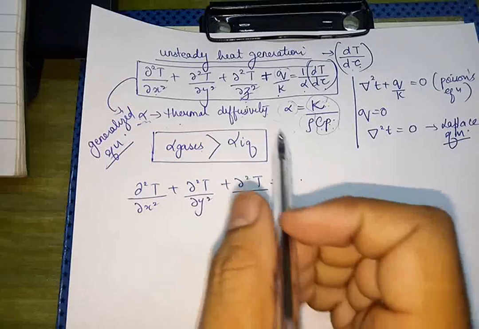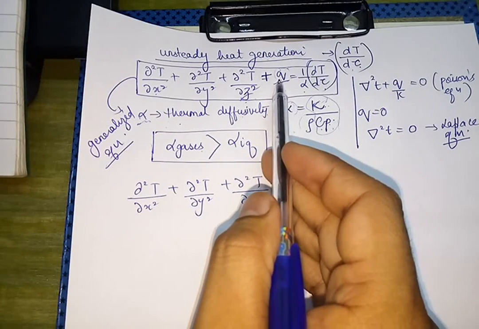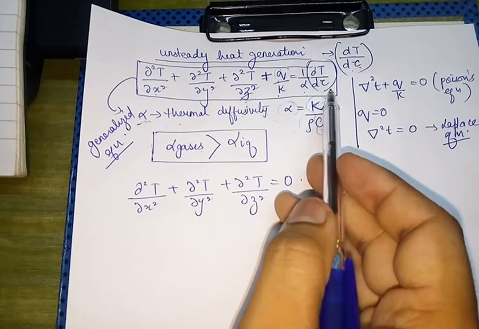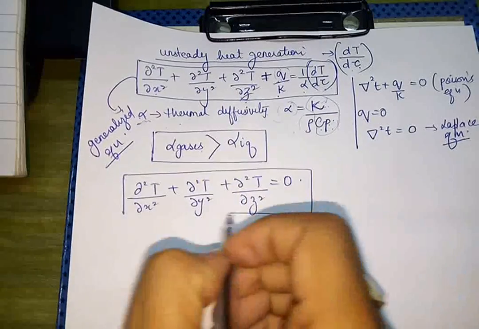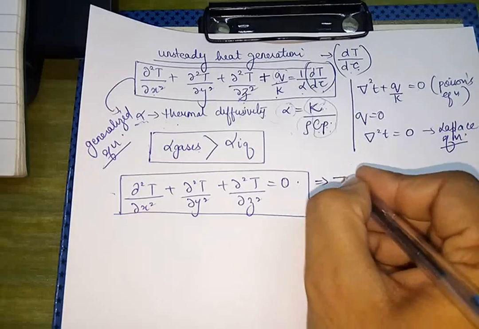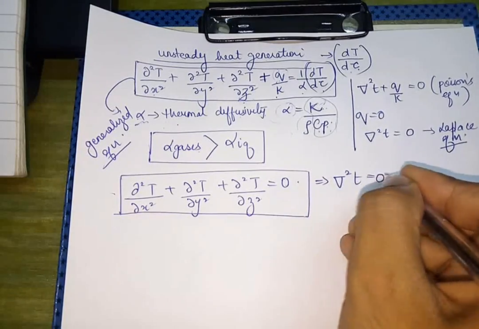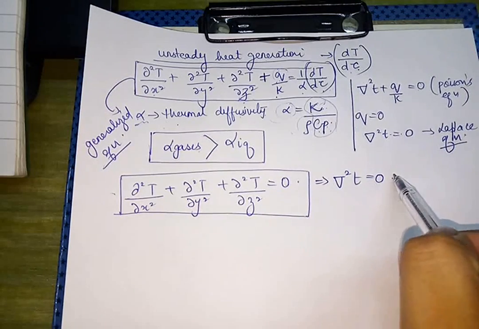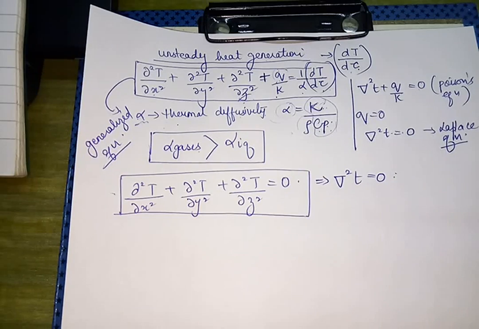This will be 0 only when there is no internal heat generation and the temperature is not changing with respect to time. This is nothing but nabla square T equals 0 that I have written, the Laplacian equation.